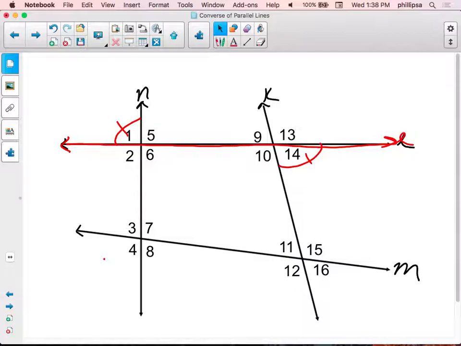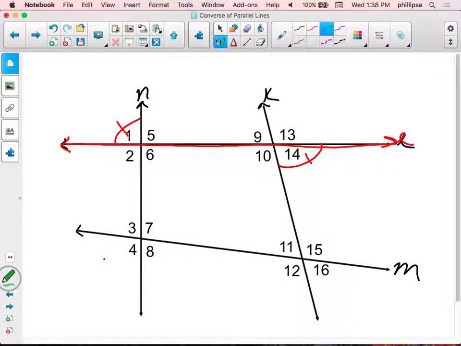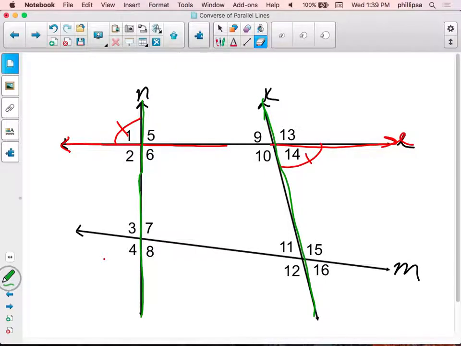The next thing I like to do is highlight the other 2 lines needed to make up those 2 angles. So to make up 1, I needed N and L. To make up 14, I need L and K. Everybody's with me? Okay.